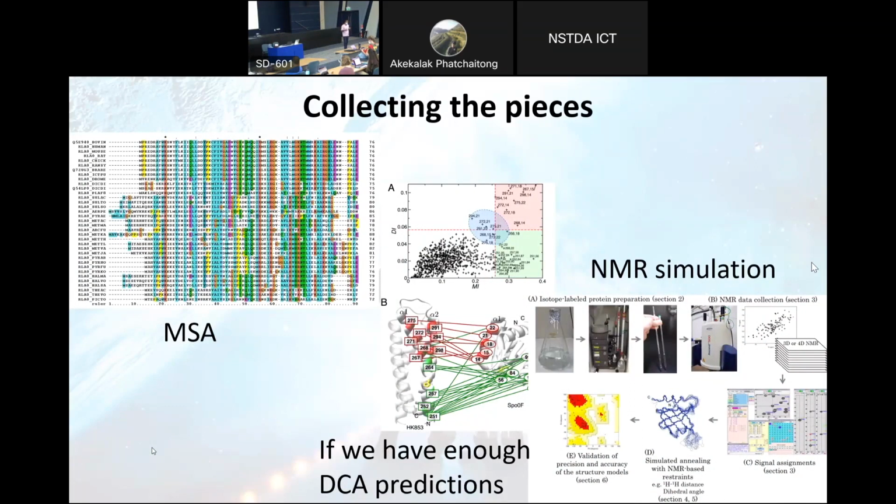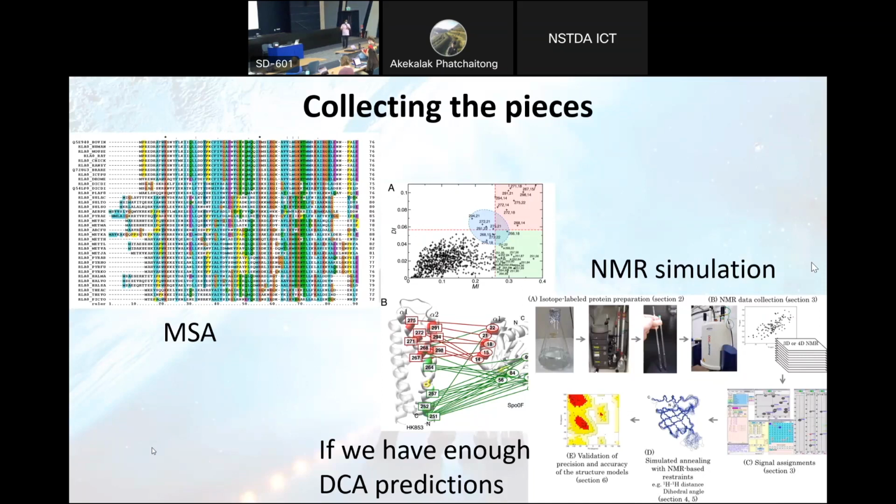It reminds you of NMR. Remember the NMR experiment: you get some distance constraints, and then you do a simulation to try to satisfy the distance constraints. Similarly, from direct coupling predictions, I try to satisfy the geometric constraints.